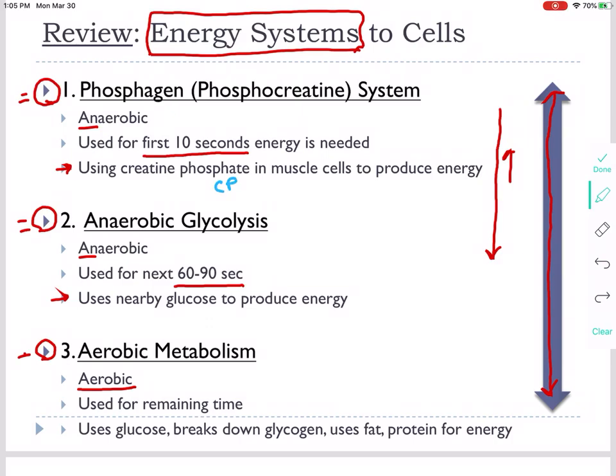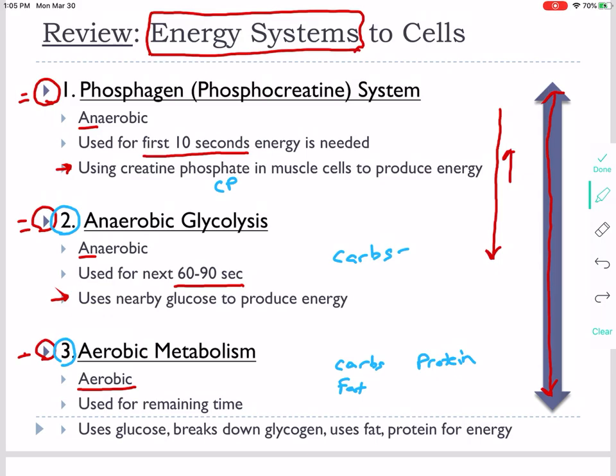Okay. For this energy system, the first one, we're actually using something called creatine phosphate. For energy system number 2, I can only use carbs because carbs give us quick energy. For energy system 3, I can use carbs, but I can also use fat, and I can also use protein.